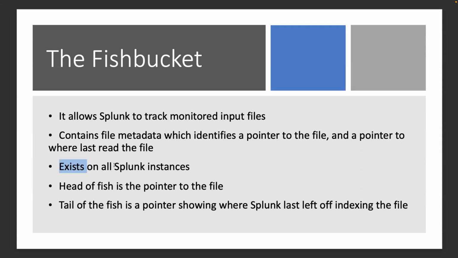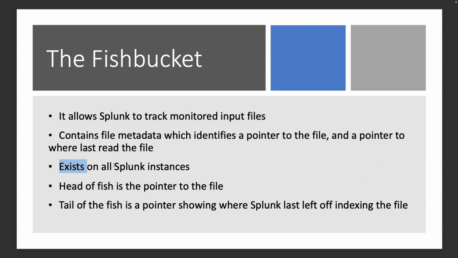Meaning if it knows that it didn't read this file, it would go read it. If it has already read this file, it would not redo it again. So you will not lose data, even if, for example, the forwarder and the indexer lose connectivity for a while. When it comes back on, all the data that was generated in that period would be stored and then sent back to the indexers.